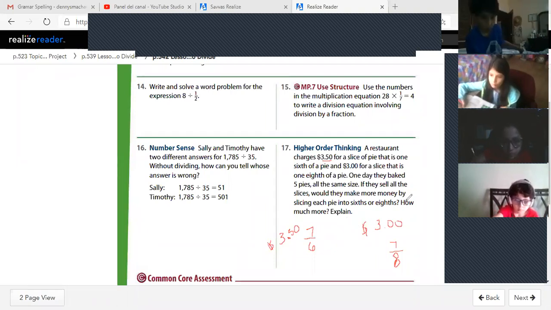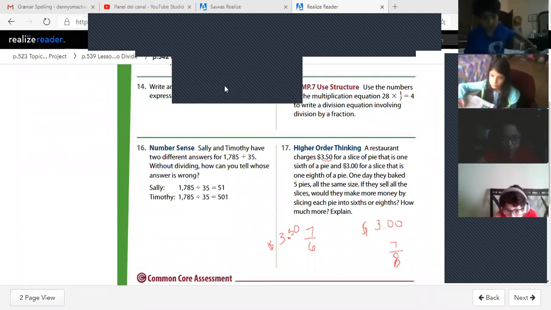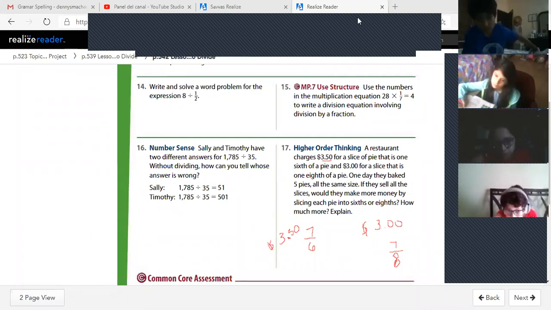Let's read the question. One day they baked 5 pies, all the same size, right? So it means that in the first one we will have 5 as a whole number divided by 1/6, yes?